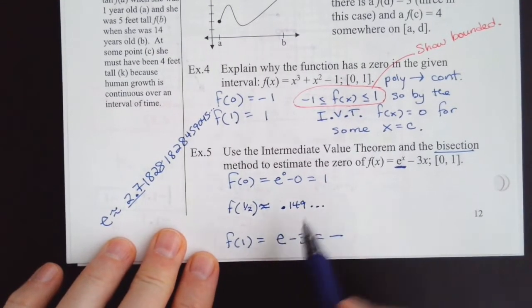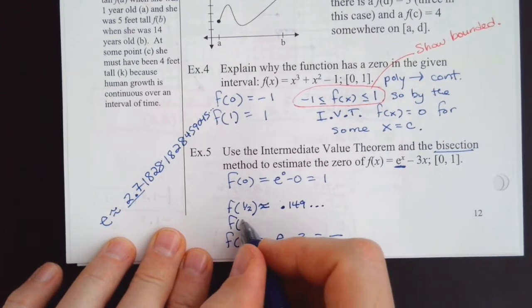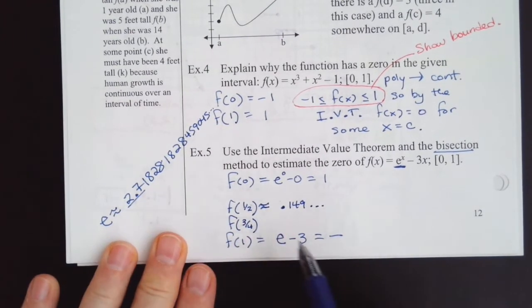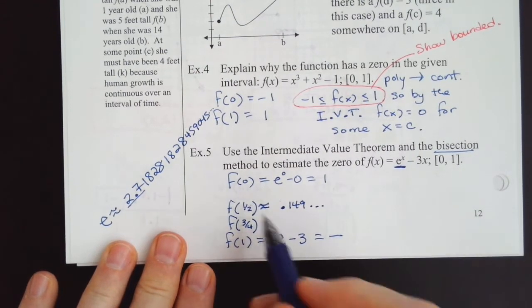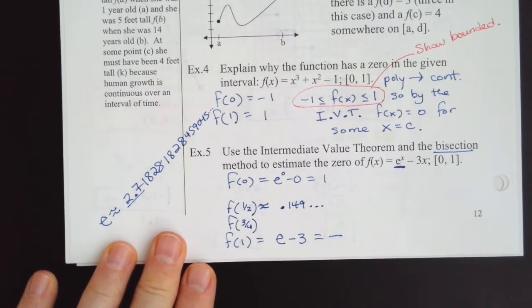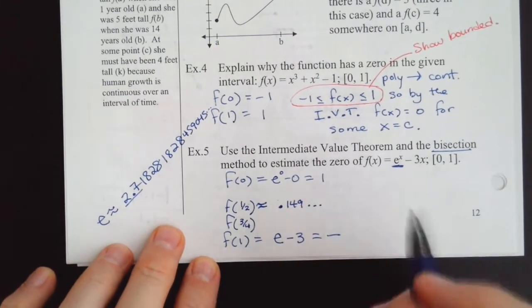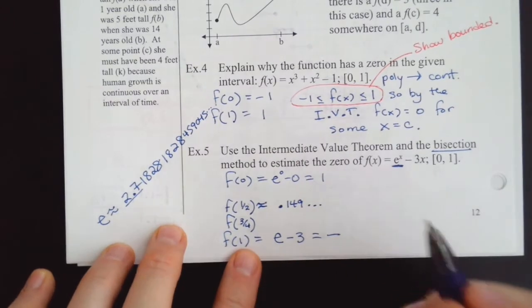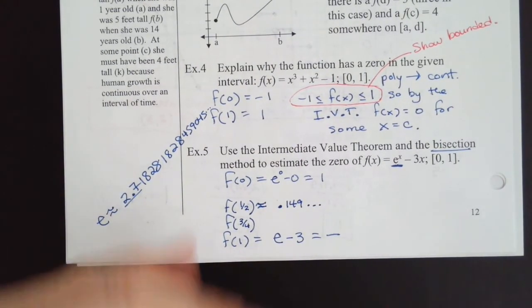So I know that my 0 has to be in between here. So then I would bisect this with 3/4, and I would find that. And if that was positive, then I know that it's in between these two. And if it was negative, I know it's in between these two. Now, we have our graphing calculators today, and that's going to be it. So that is good. And you're not going to have to do anything that far.